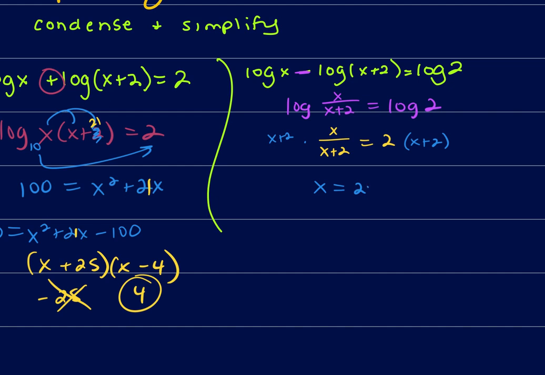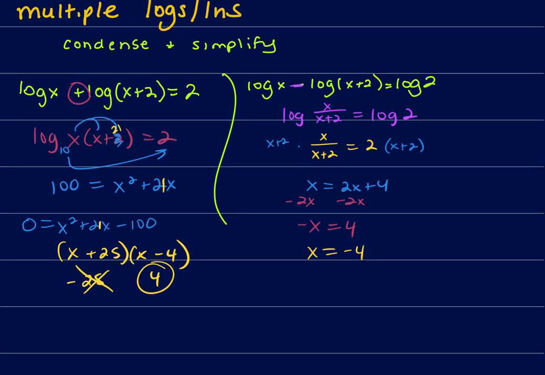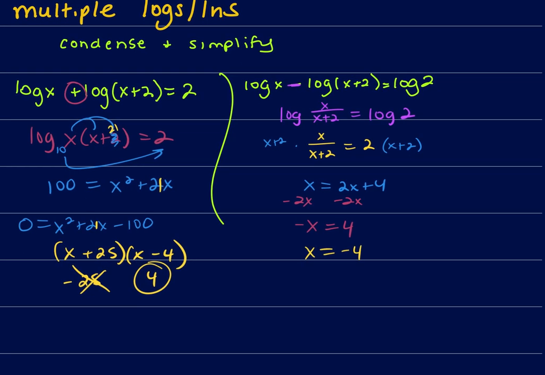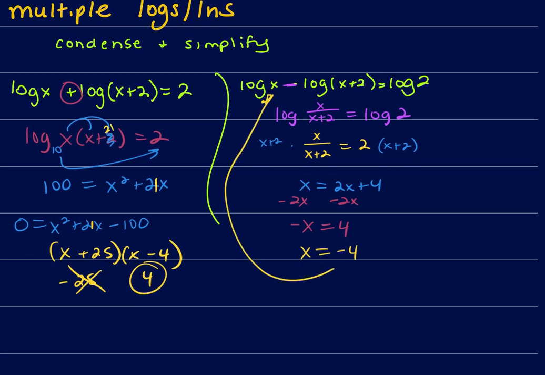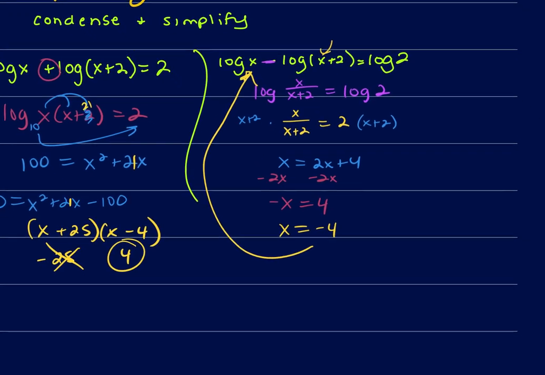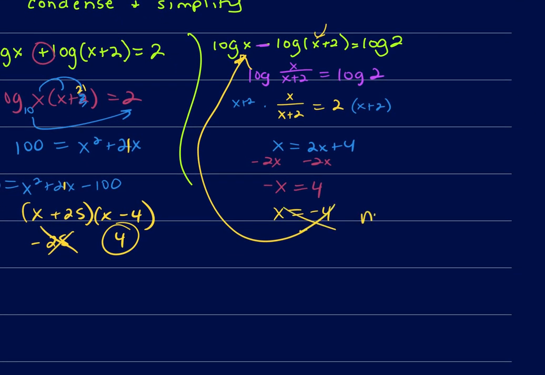X equals 2x plus 4. Subtract the 2x. Negative x equals 4, so x equals negative 4. And again, we'd have to check. Negative 4 when plugged into here or here doesn't work, so it would get eliminated and it would be no solution.